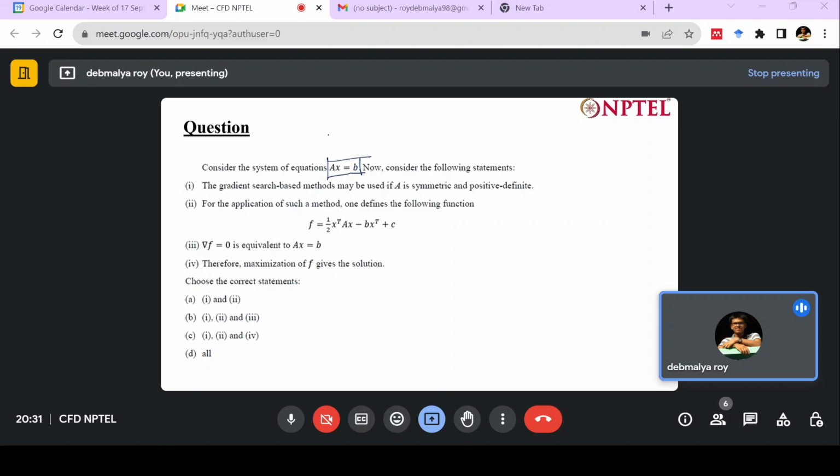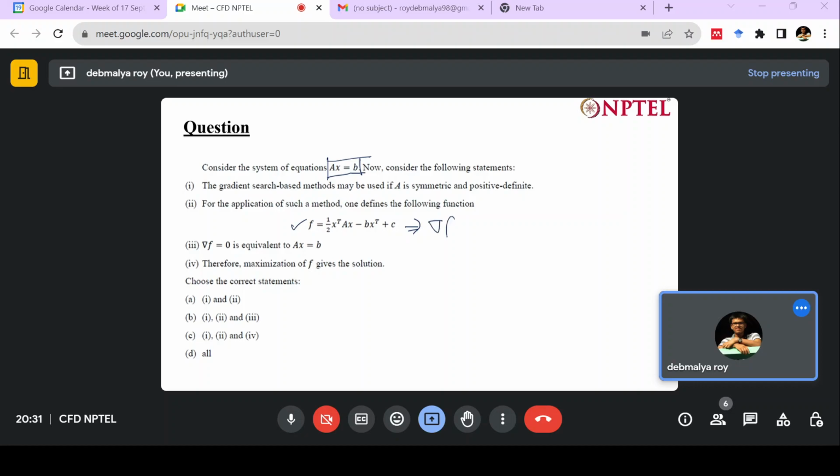What do we do in this particular method? We basically define a function, a potential function, and we try to minimize it. What is the speciality of this function?